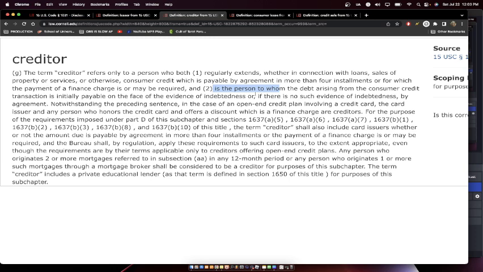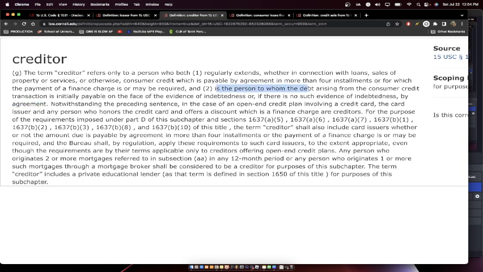Okay? It's the person to whom the debt is initially payable on the face of the evidence of indebtedness, like a check, or the contract. Or if there is no evidence of indebtedness, by agreement.